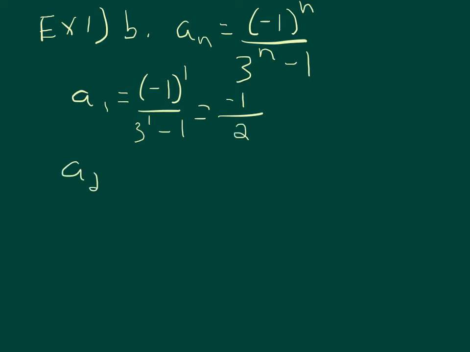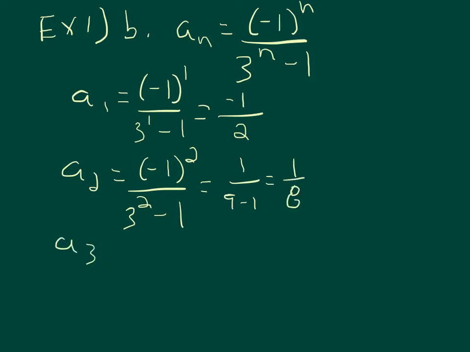Now let's do a sub 2. A sub 2 is -1 squared, because we're now plugging in a 2 for n, over 3 squared minus 1. When we square a negative number, anytime you have an even power to a negative number, it becomes positive. So this is positive 1 on top. On bottom, we have 9 minus 1, which would be 1 over 8.